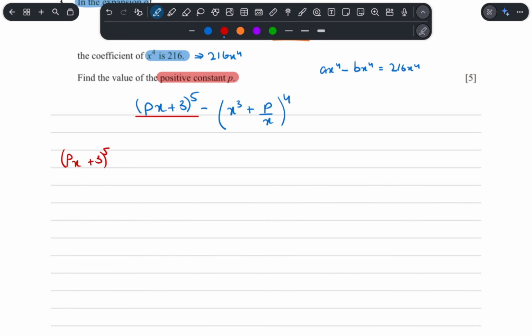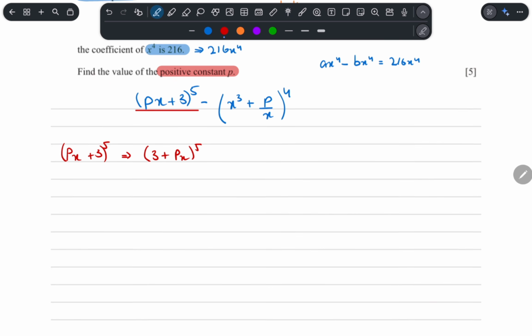We can also rewrite this as (3 + px)^5, and now since the unknown x is in the b term, the r will be equal to the n value. But just to be on the safer side, let's solve for r and see if it's r equals 1 or not.